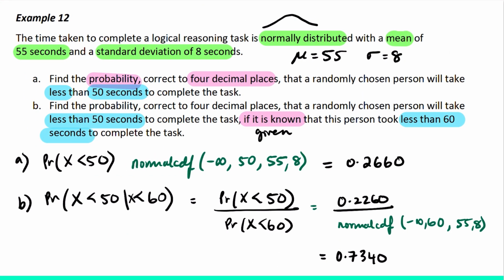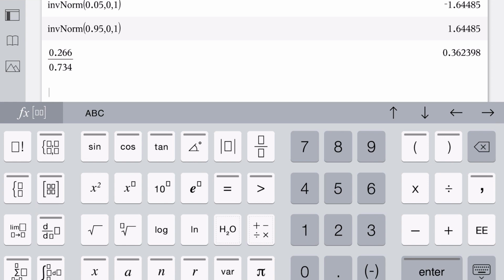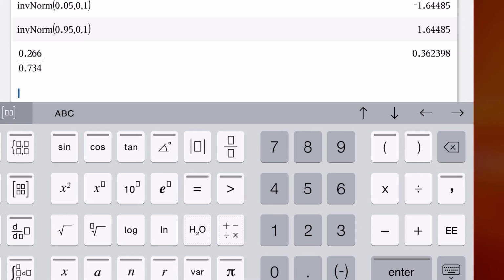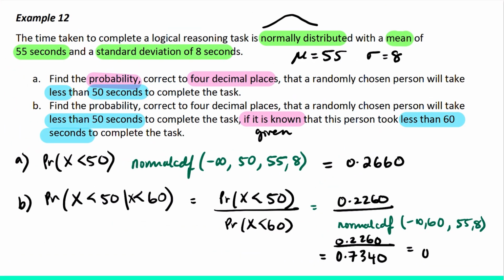I didn't write that out properly, did I? 0.7340, and then you just need to go ahead and divide them through. So that would be 0.2660 divided by 0.7340. Enter, you get 0.3624. Try and remember that number, 0.3624. Okay, and that's your answer there.